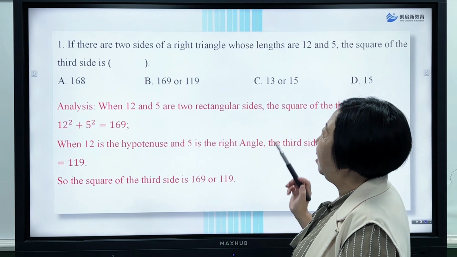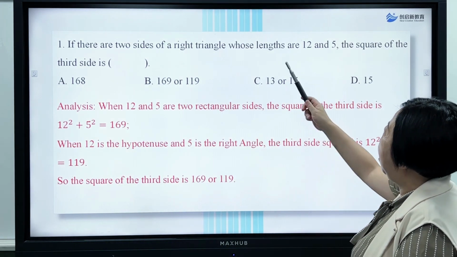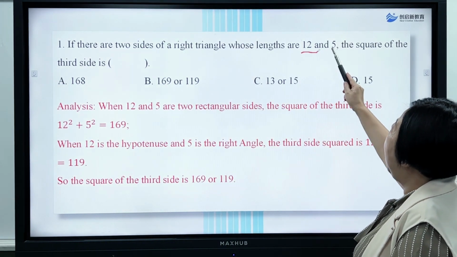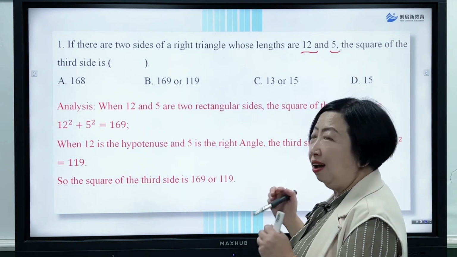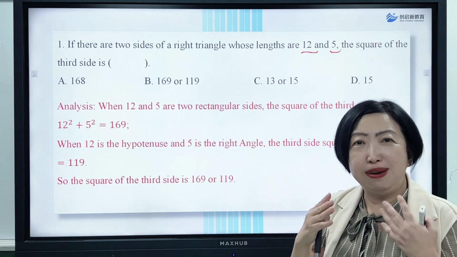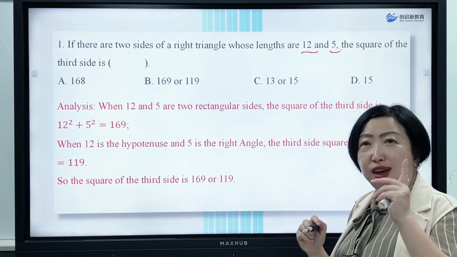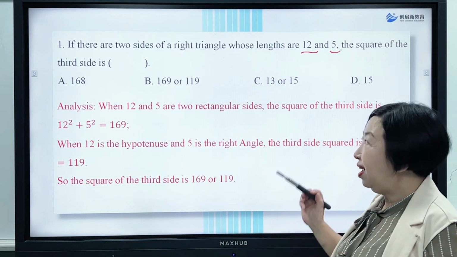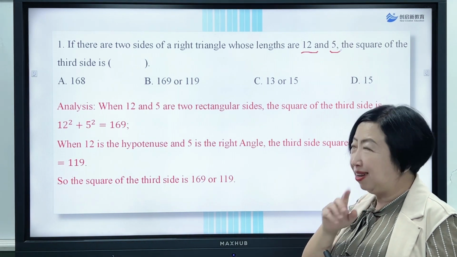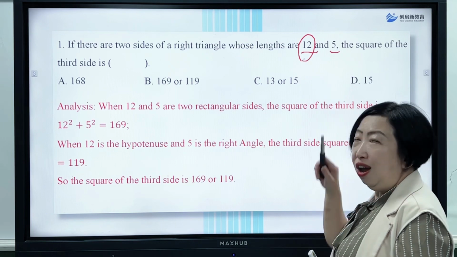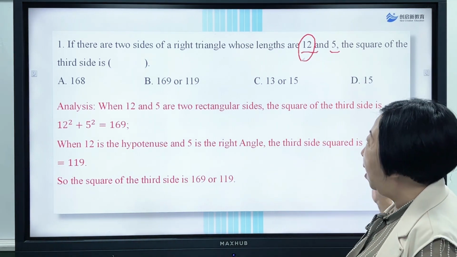There are two sets of right triangles whose lengths are 12 and 5. The square of the third side is what? Many students may say, oh, the square of 12 plus the square of 5 equals 169. But pay attention. Here, 12 may be the hypotenuse.